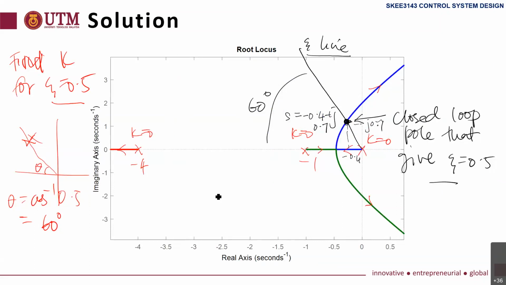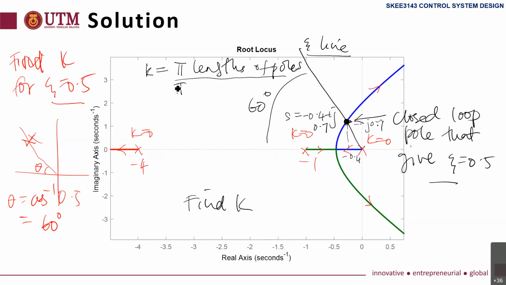Our next task is to find K, and K can be obtained by using the formula that we discussed yesterday. K is the multiplication of the lengths of the poles divided by the lengths of the zeros.